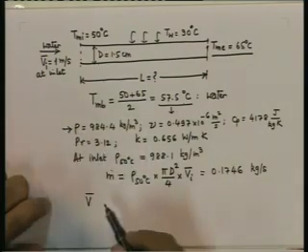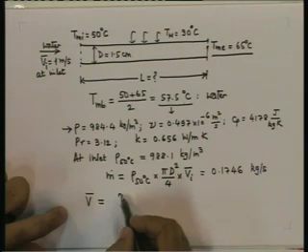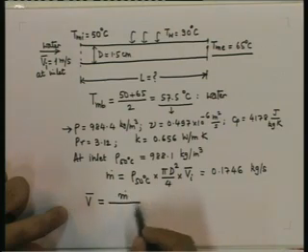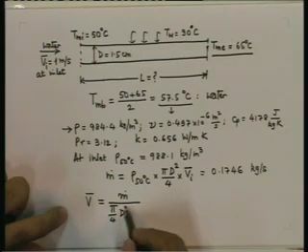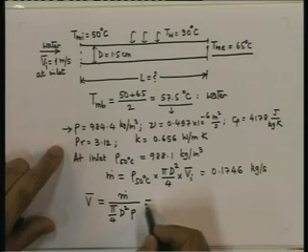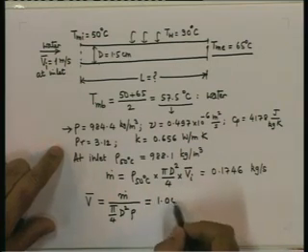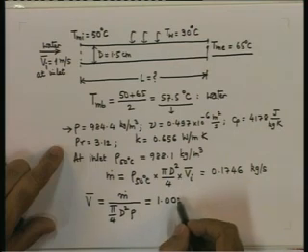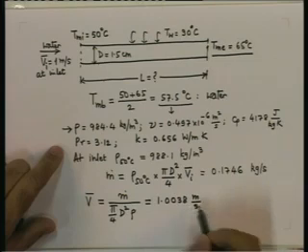And based on this, if we calculate velocity at the bulk mean properties, that is at a density of 984.4, this will turn out to be m dot, which is calculated, divided by pi by 4 d squared into rho, where rho is 984.4. We will get a slightly higher velocity, which is 1.0038 meters per second.